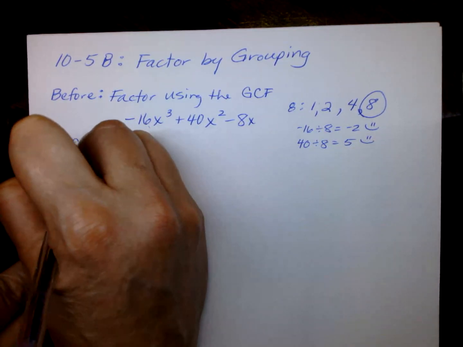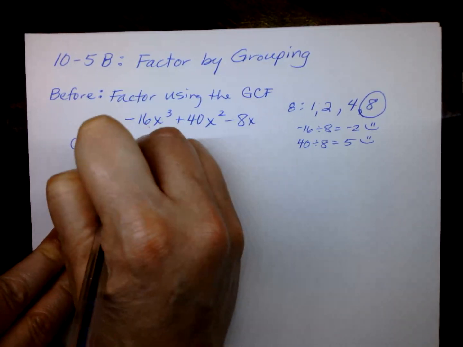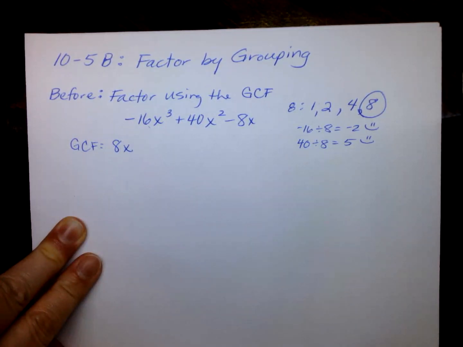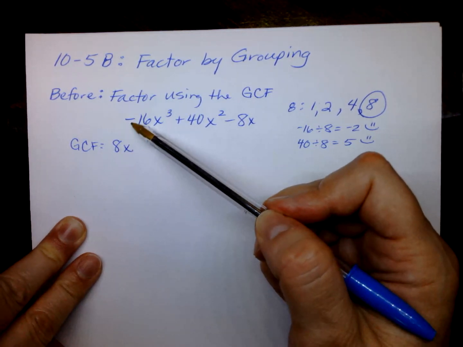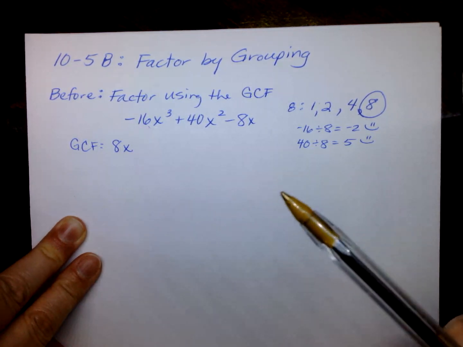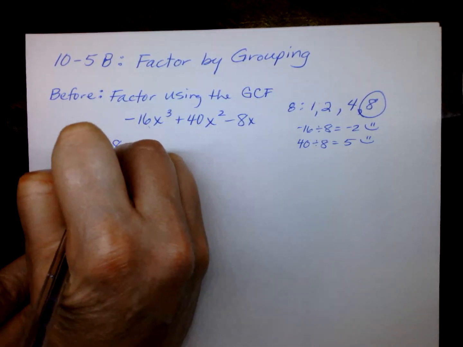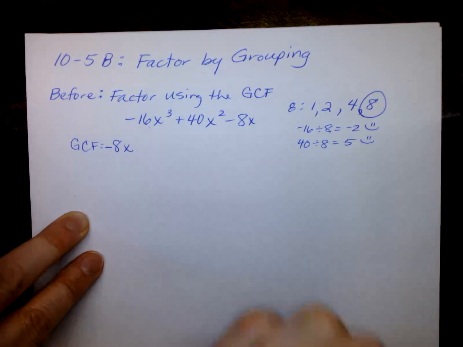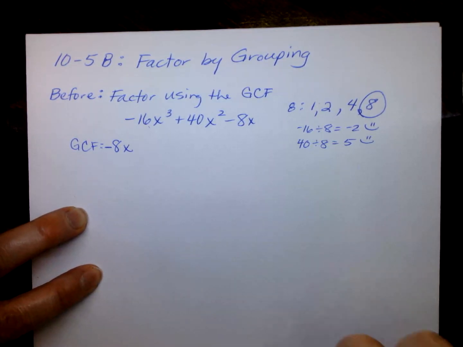So when I look at this GCF, I'm going to say that it is 8 and a single x. Also, there's one more thing in play here, and that's that our leading coefficient is negative 16. You might remember that when we have a negative leading coefficient, that's the situation when you should use a negative GCF. So the GCF I'm going to use here is negative 8x.